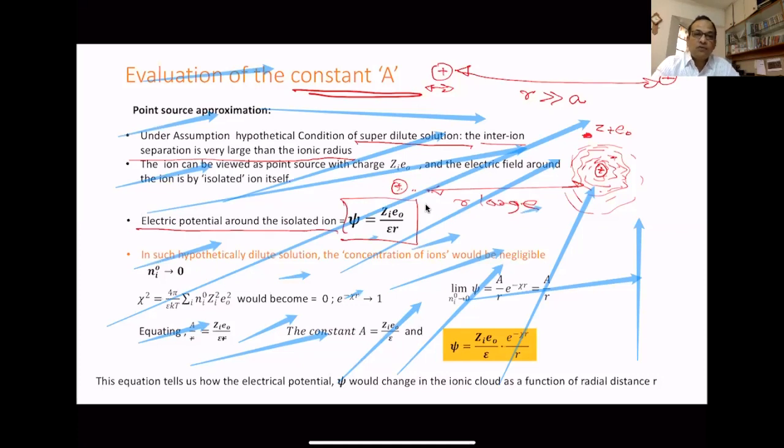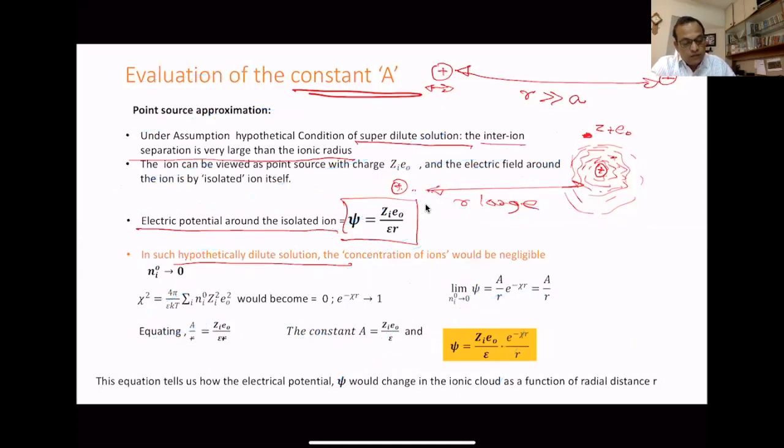One more thing is happening here in such a hypothetical dilute solution. Since my solution is very dilute, the concentration or density of ions is going to be very small, tending to 0.